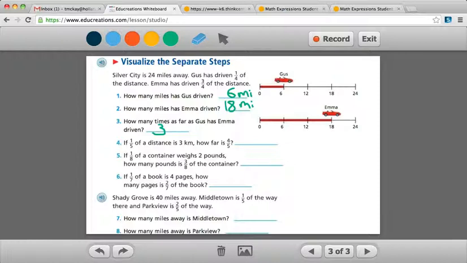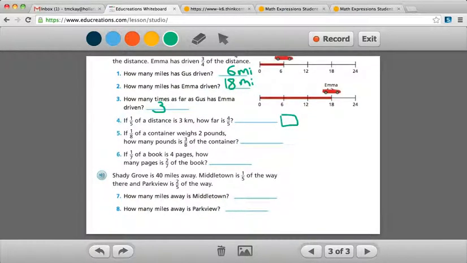Number 4, if 1/5 of a distance is 3 kilometers, how far is 4/5? Well, if you have 1/5 of the distance being 3 kilometers, okay, so if you take 3 kilometers and you make a bucket for 3, how much is 4 of the 5?